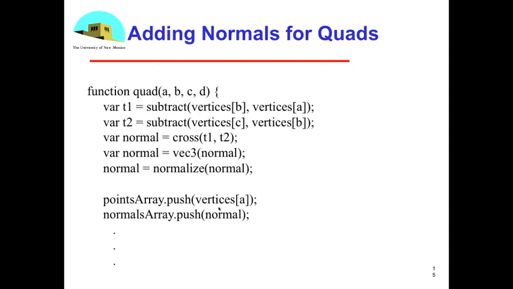Okay, what about the normals? Well, here's a little function that can use the MV.js library to help you compute the normals. This is exactly what we had before. The quad function we've been using takes 4 vertices and generates 2 triangles from that. You can have it generate a triangle strip, a triangle fan, or just 2 separate triangles.